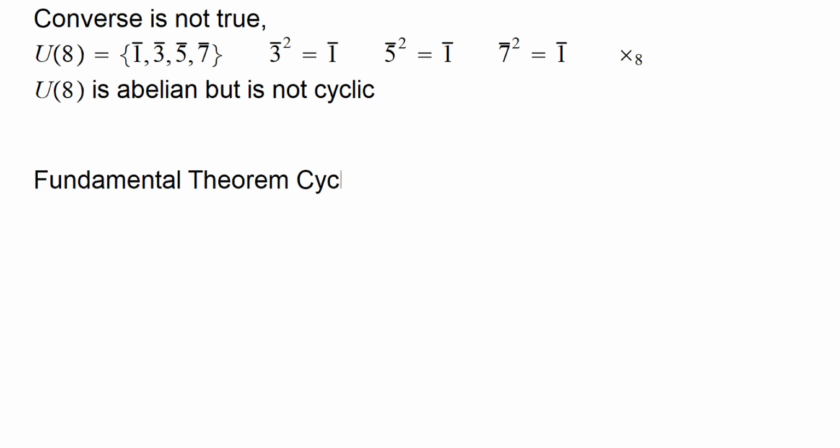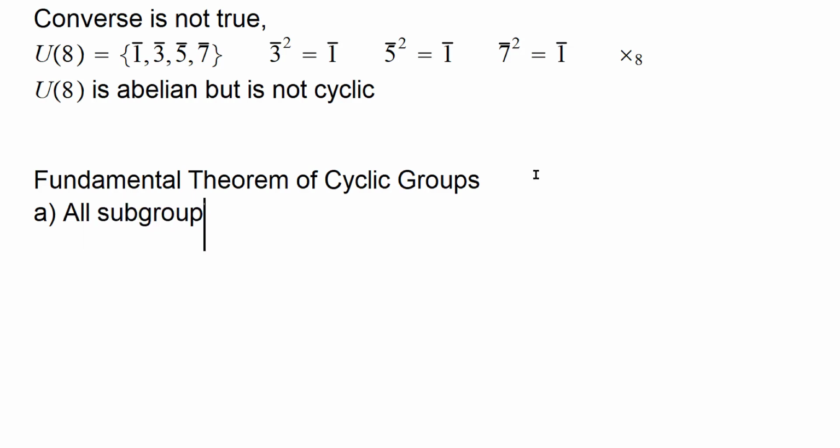The book proves most of it in different parts, and I didn't see it describing something like a fundamental theorem of cyclic groups, but it is stated in a very methodical manner: all subgroups of a cyclic group are cyclic.